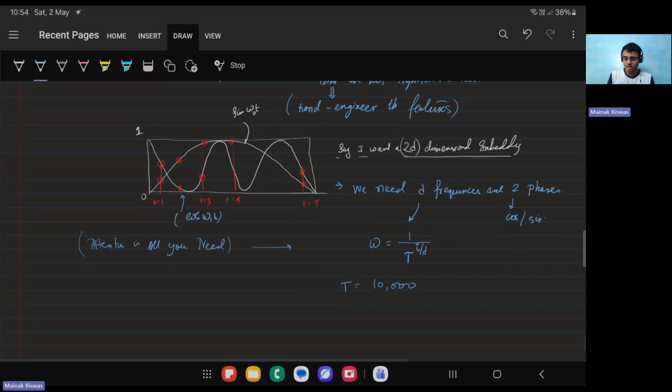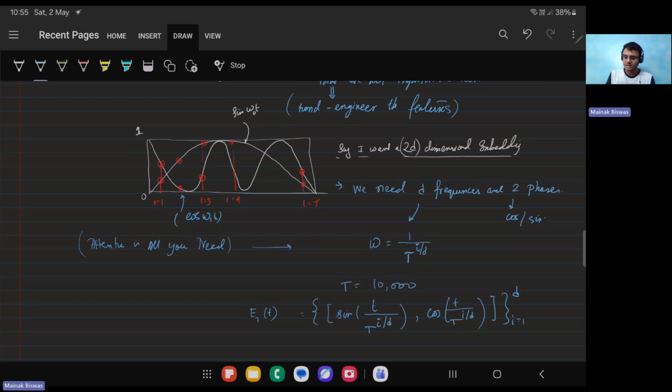So your embeddings of time for t would be these matrices: the collection of sine of t by T to the power i by d, and cos of t by T to the power i by d. And I will have a collection of all of these frequencies from 1 to d.